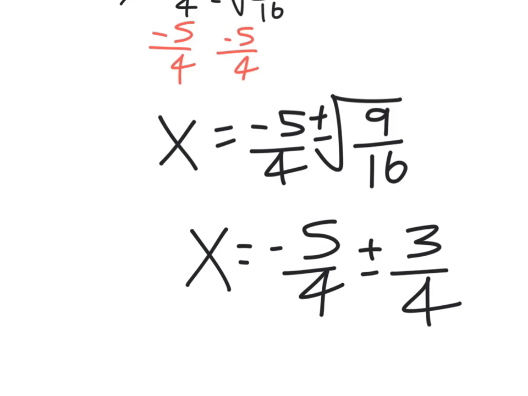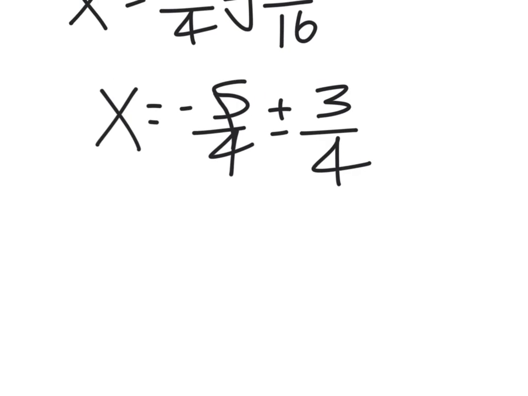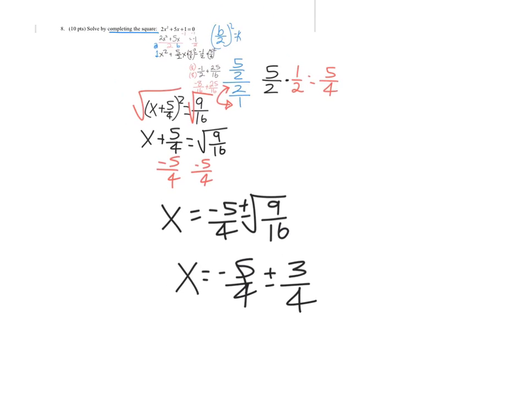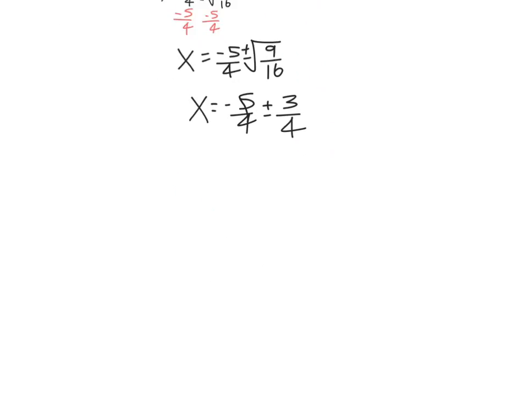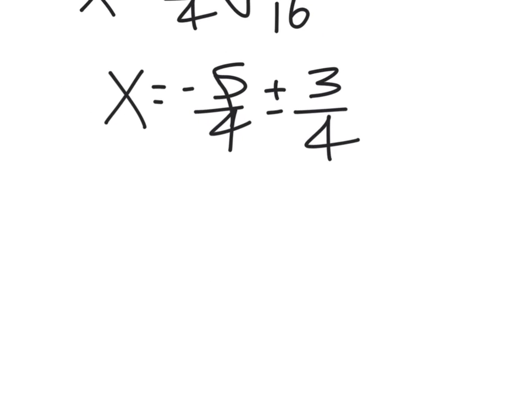Beautiful. All right, so now we've got two things that we can do right here, because we've got the positive 3/4 and we've got the negative 3/4. Fortunately, thank God the denominators are the same, because I don't know about you guys, but I'm pretty tired. We've done quite a bit of math. So let's think about this very carefully.